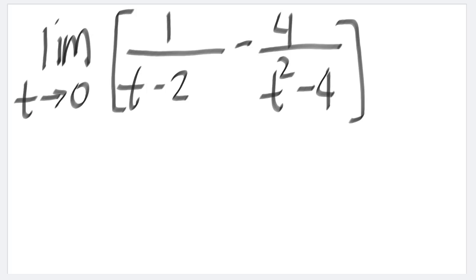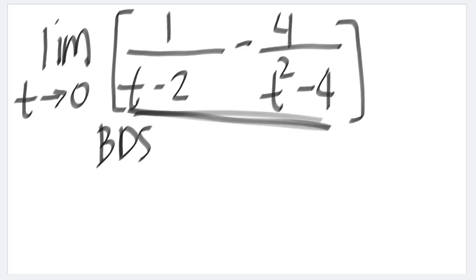So we are attempting to find the limit of this function as t approaches 0. Now, by direct substitution, based on the knowledge that we already have on limits, we just have to directly substitute the value 0 into this function to get the limit.